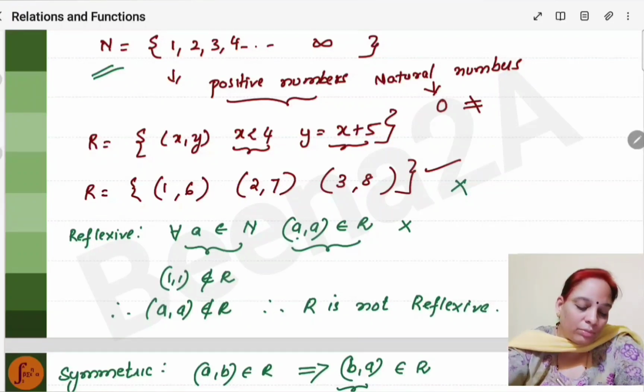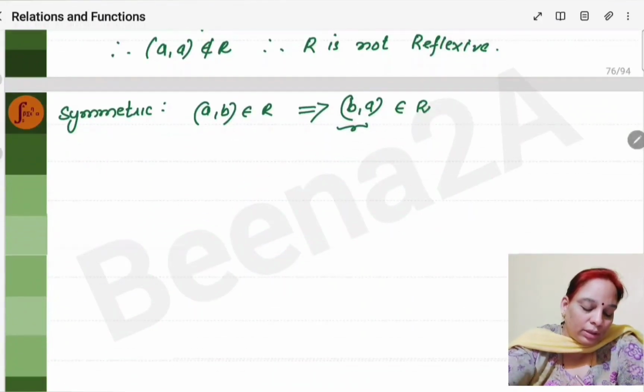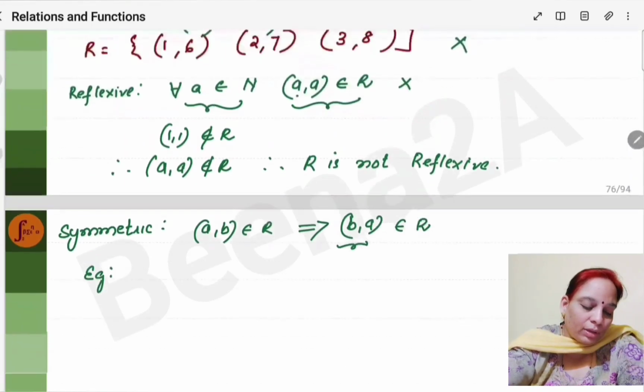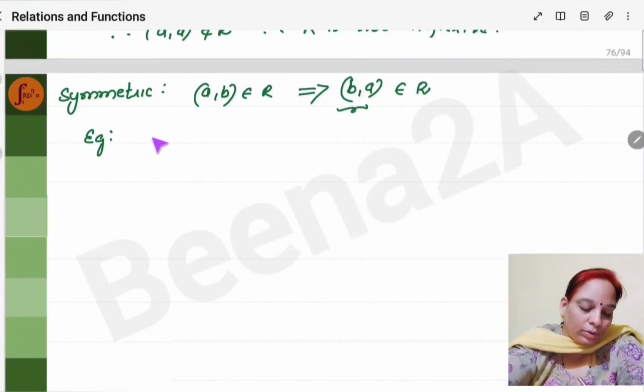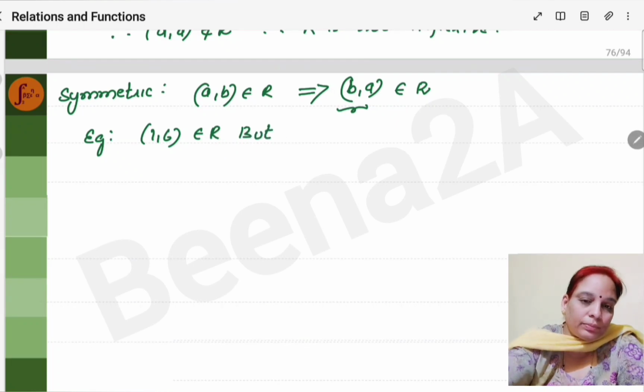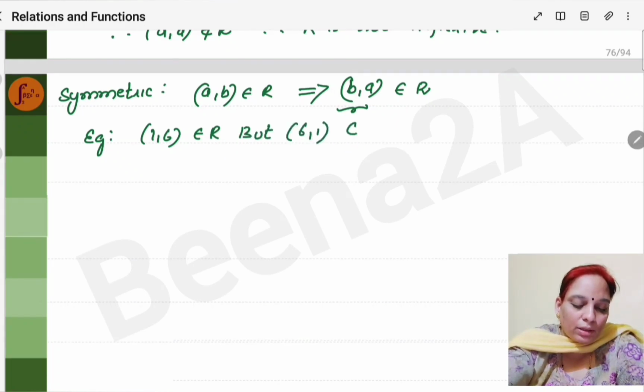The reverse combination is not there. Therefore, for example, (1, 6) belongs to R, but (6, 1) does not belong to R. Therefore, R is not symmetric.